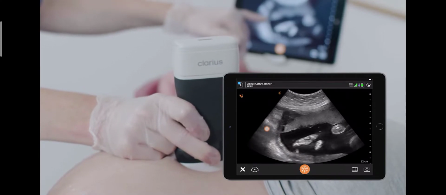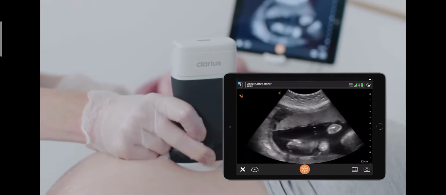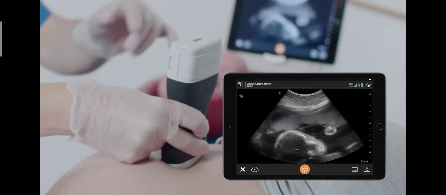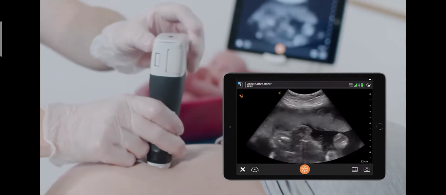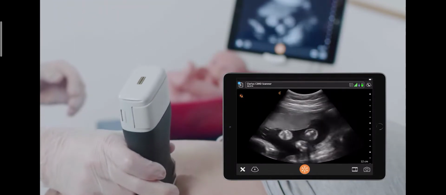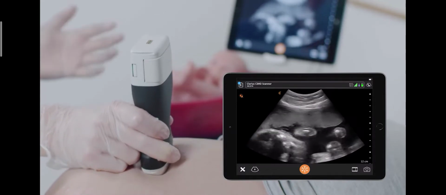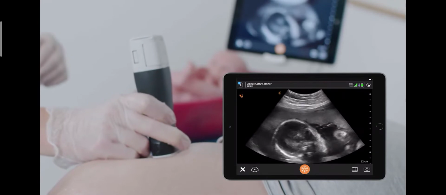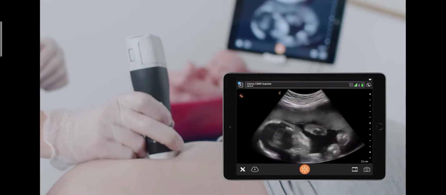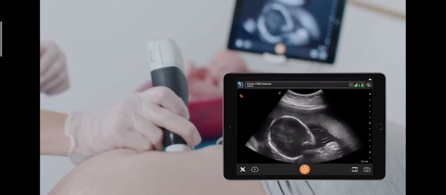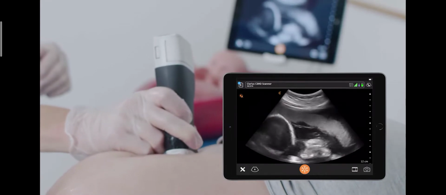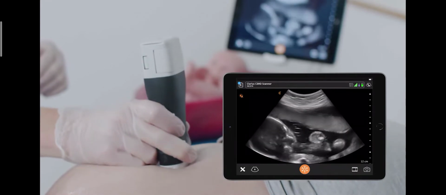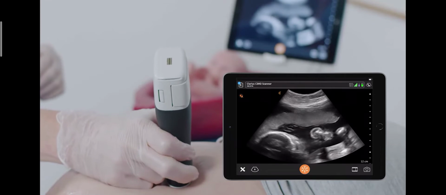In this case, it's easy to see because I'm adjusting the transducer in order to get better views of the umbilical cord. And I can see this is the insertion of the umbilical cord into the placenta. Why is it important? Because sometimes there is filamentous umbilical cord insertion with additional complications. In this case, this is central insertion of the umbilical cord into the placenta.